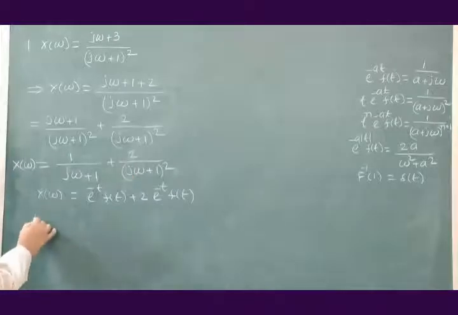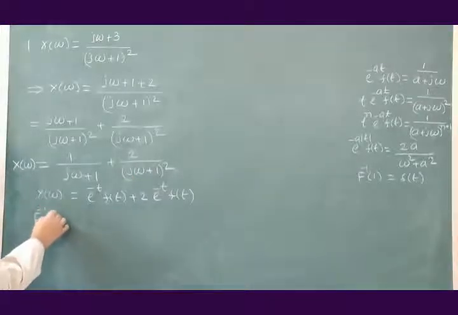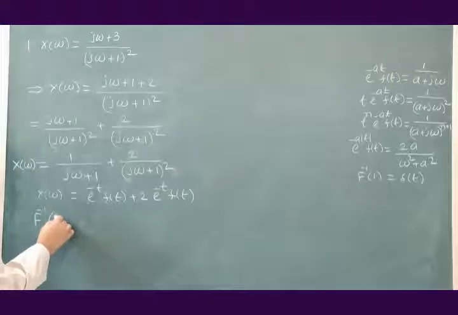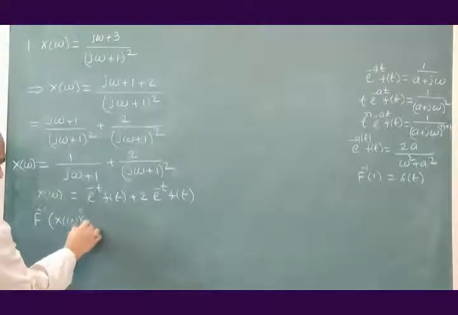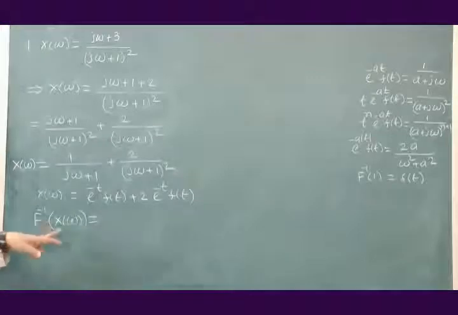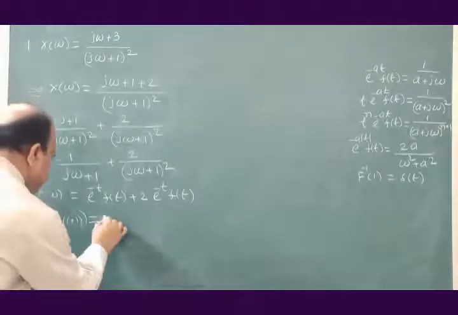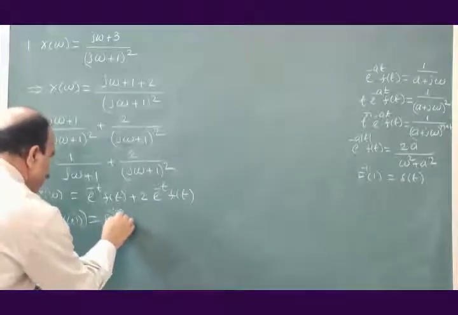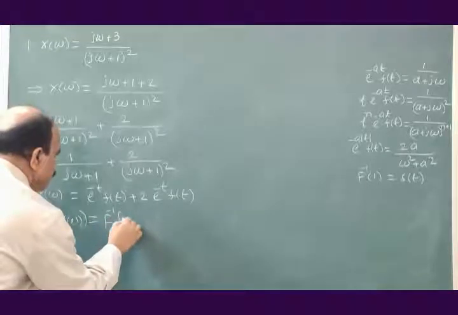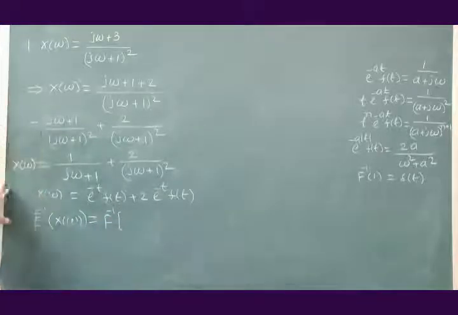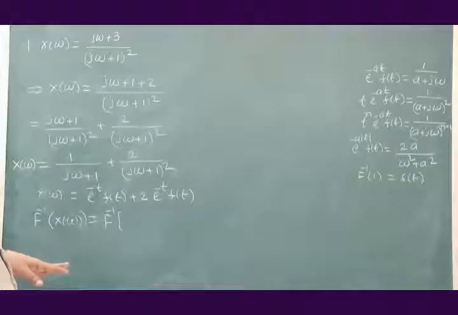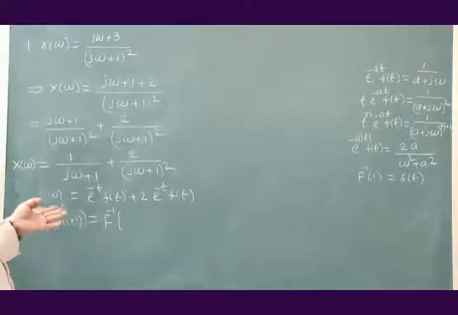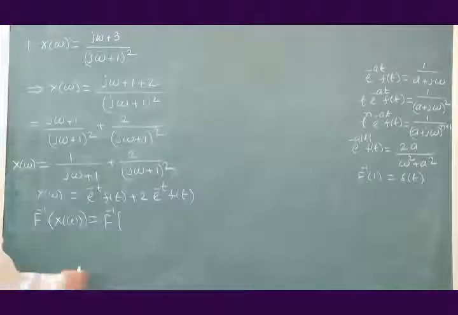And now the inverse of the Fourier transform is f inverse of x of omega, so the inverse is already obtained.